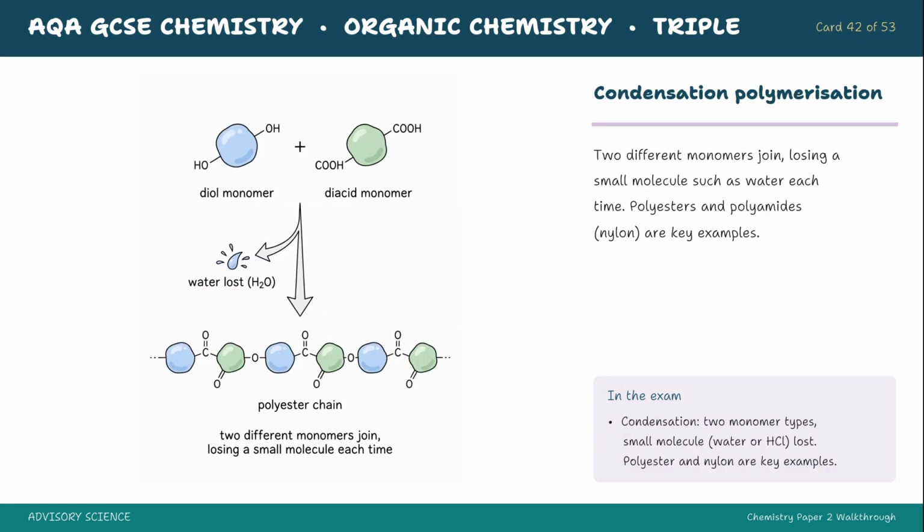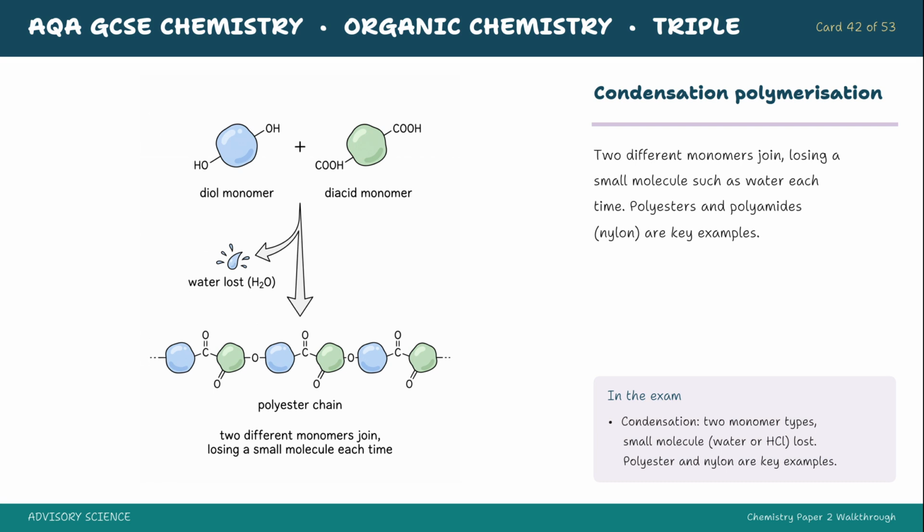Condensation polymerisation, and this is for the higher tier. Condensation polymerisation involves monomers that have two functional groups, one at each end. A common example uses a diol, which has two OH groups, reacting with a dicarboxylic acid, which has two carboxylic groups, to form a polyester.